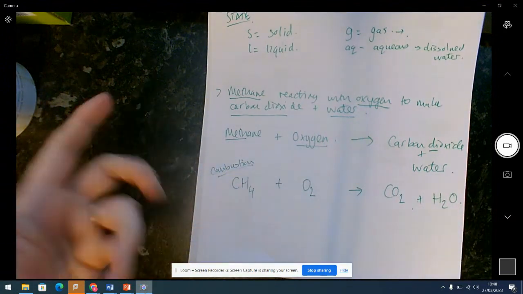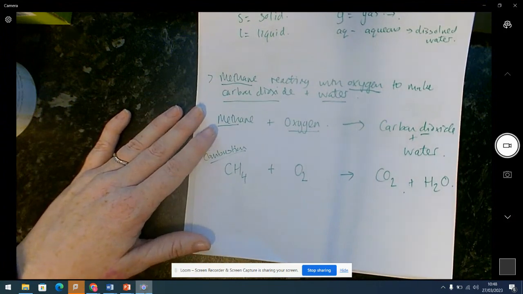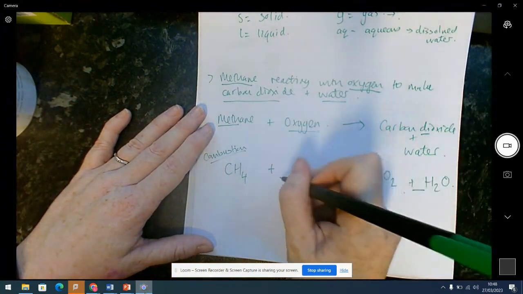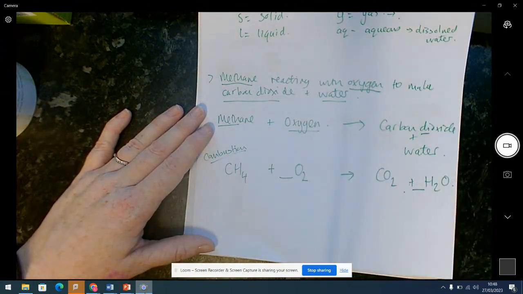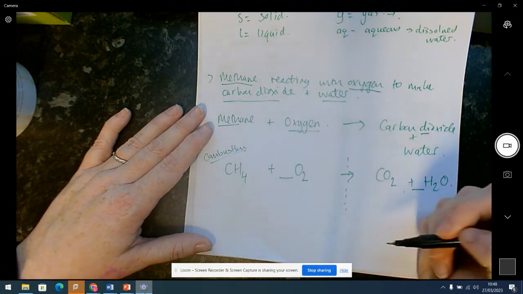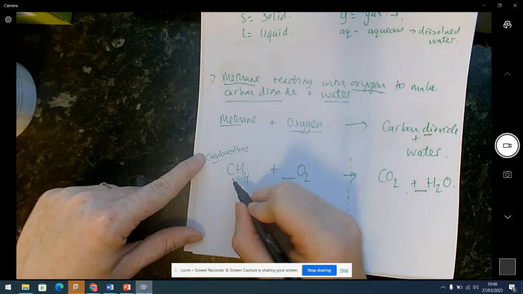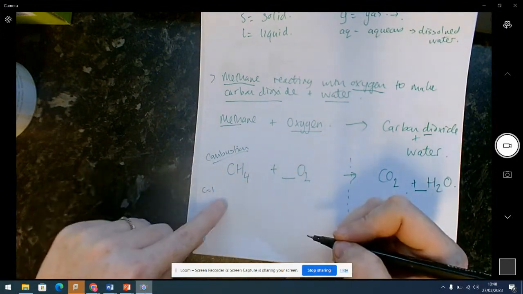And again, you may be asked to balance equations in paper 1, and it's important to remember that they will in fact put lines next to where they're expecting the numbers to go. So the way I always balance equations is I do a dotted line down the arrow, and I work out how many of each element I've got. So C, I've got 1 carbon over here.